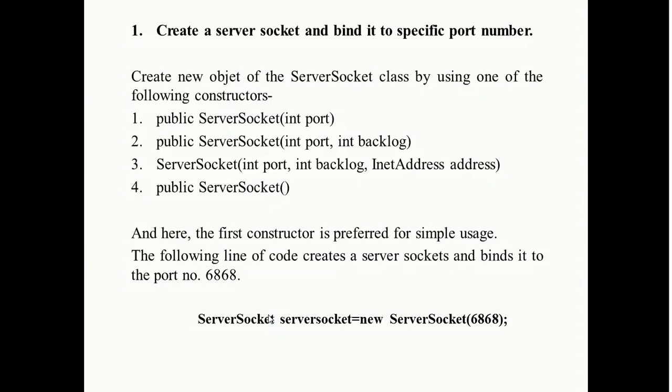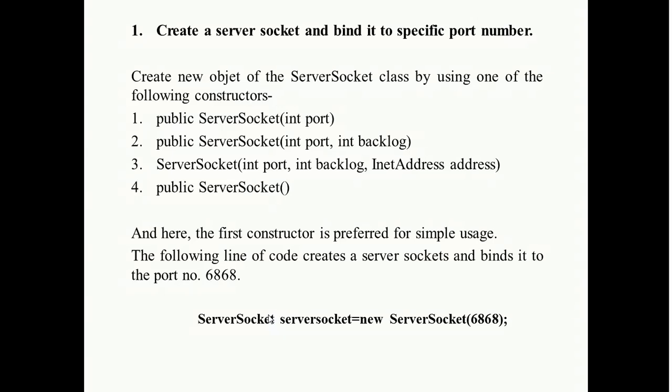In the last slide we saw four constructors of the ServerSocket. Public ServerSocket int port. Second constructor is public ServerSocket int port and int backlog. Third constructor is ServerSocket int port, int backlog, InetAddress, and fourth constructor is public ServerSocket. So using any one of these four constructors, create an object of the ServerSocket.